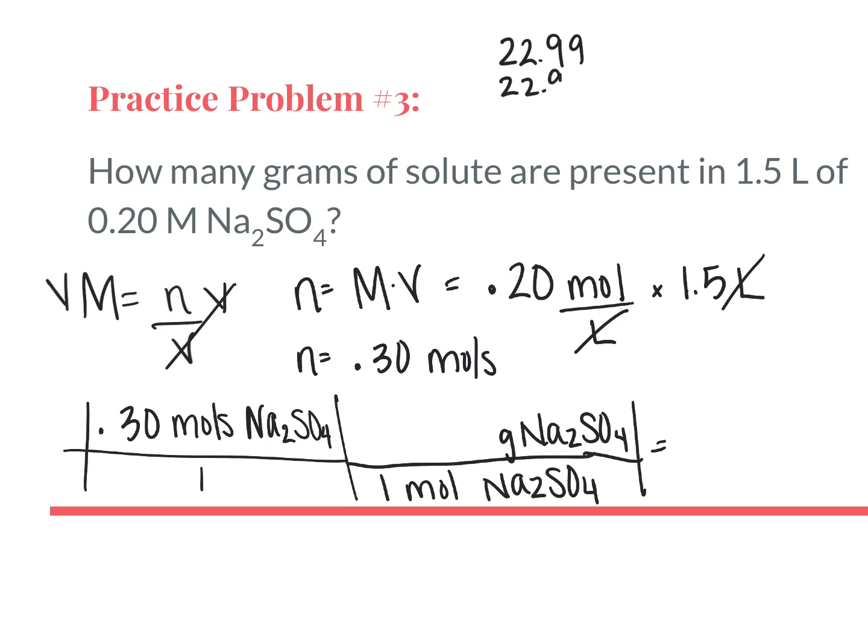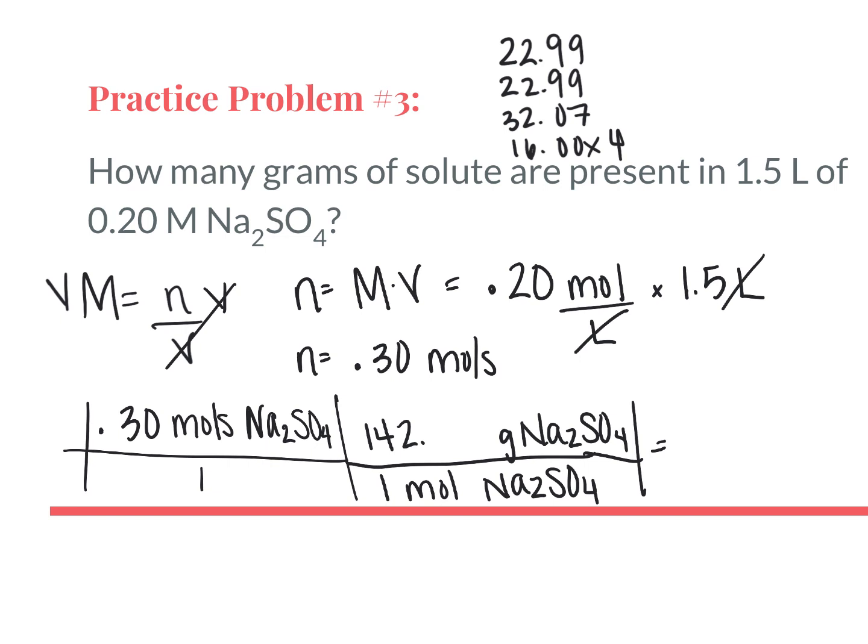22.99 plus 22.99 plus 32.07 plus 16 times 4. It's about 142 something. 141.8.